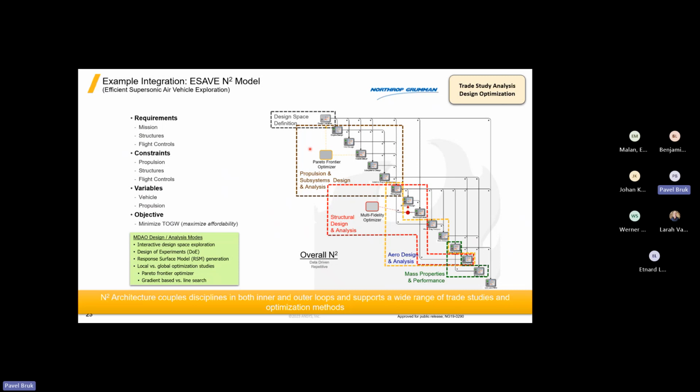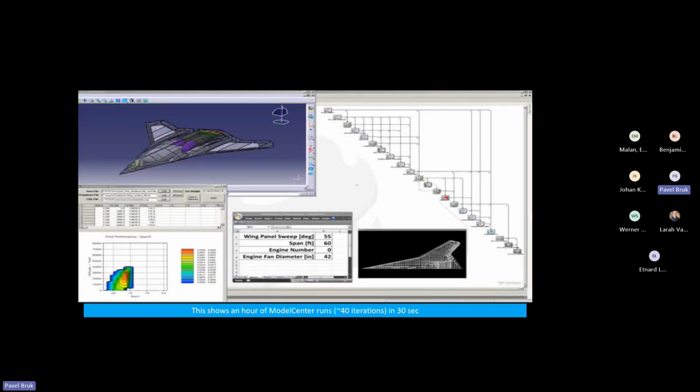And as a result of this trade study, you can see here on this video how this workflow is running in the ModelCenter environment, and how optimization algorithms are working by changing the wing panel sweep degrees, by changing the number of engines, and by trying to find the optimal field of data for the optimization task, which was set up in this workflow.